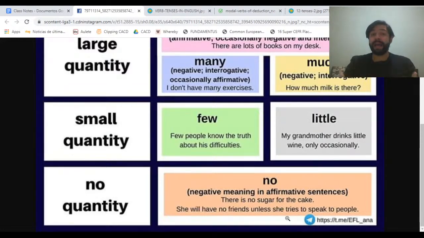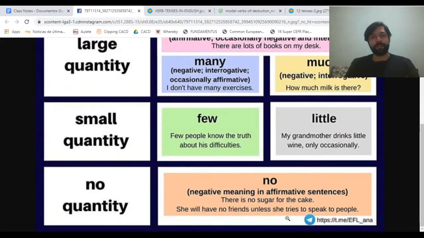So the verb, she will have, is affirmative, but then no brings all the negative for the sentence. Or we could also transform it: she won't have any friends unless she tries to speak to people. Okay, so basically we have the option of where to use the negative part in English.